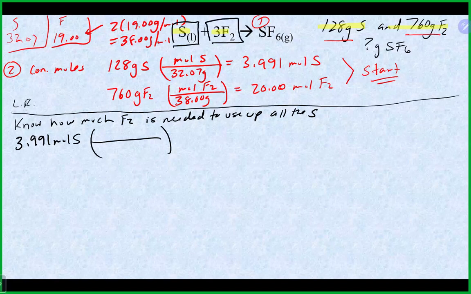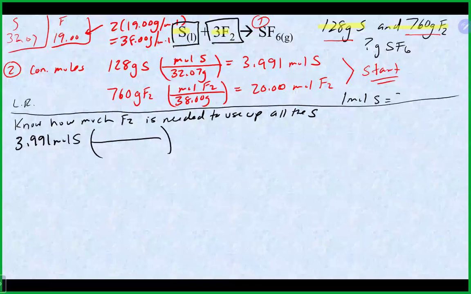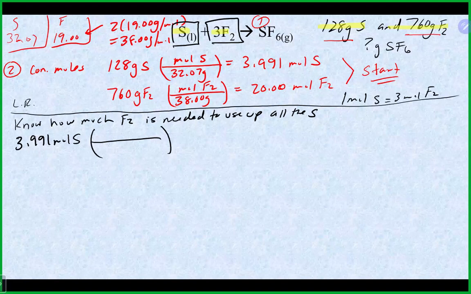From the coefficients, it's a 1-to-3 relationship: for every 1 mole of sulfur, I have 3 moles of fluorine. So 1 mole of sulfur, 3 moles of fluorine.